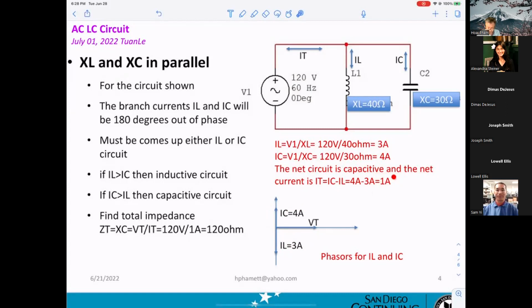That means after you combine, the current will be only 1 amp, but the circuit will be capacitive. This shows you the phasors IL and IC.